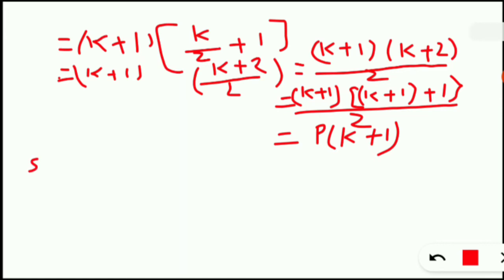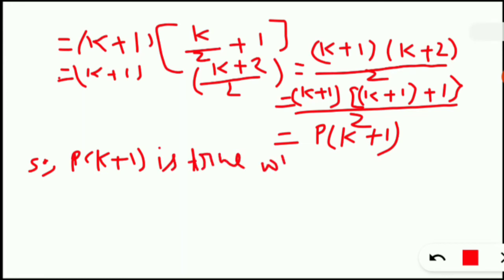So next we can write P(k+1) is true when P(k) is true. Clear? So P(k+1) is true when P(k) is true, or whenever P(k) is true. Clear?